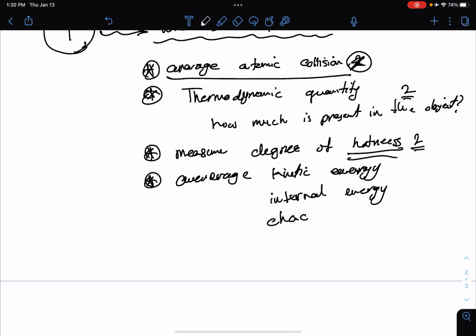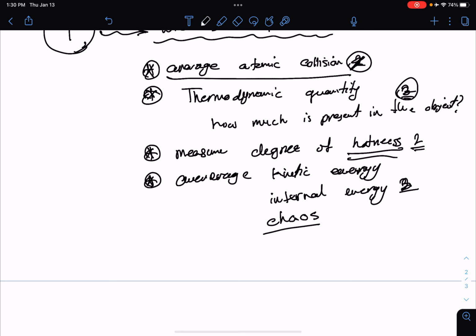How do you spell chaos? That's C-H-A-O-S, right? Okay. Another vote for the internal energy. I think internal energy. Internal energy. Thank you. Next. Okay. The amount of heat that's in an object.